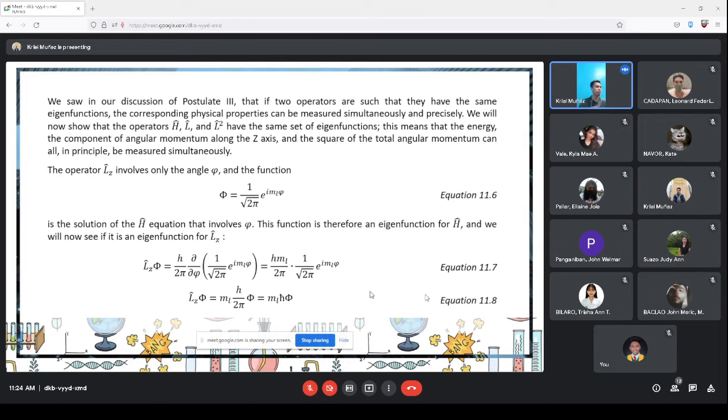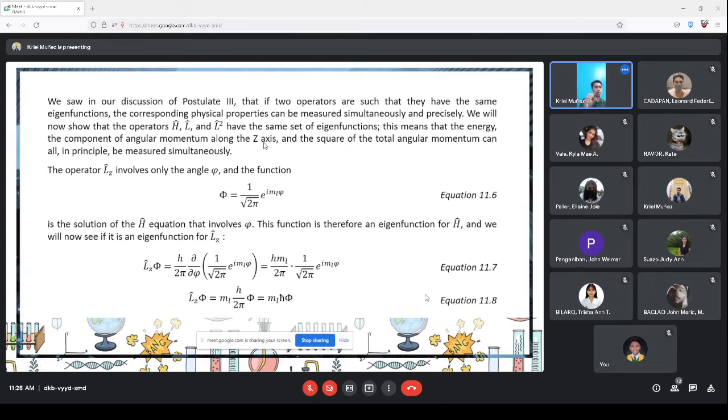We will now show that the Hamiltonian operator, the angular momentum operator, and the square of the angular momentum operator have the same set of eigenfunctions. This means that, since they commute, the energy, the component of angular momentum along the z-axis, and the square of the total angular momentum can all in principle be measured simultaneously. The z-axis we used here is arbitrary.